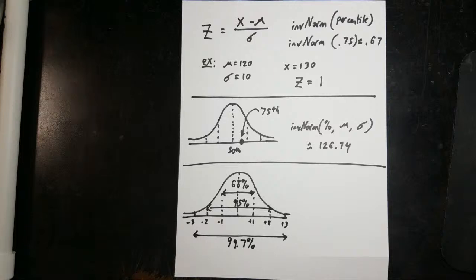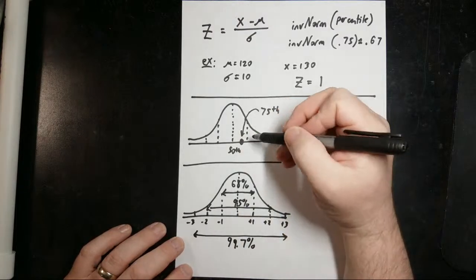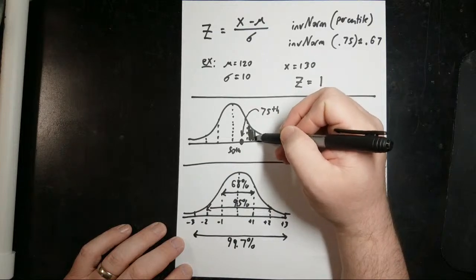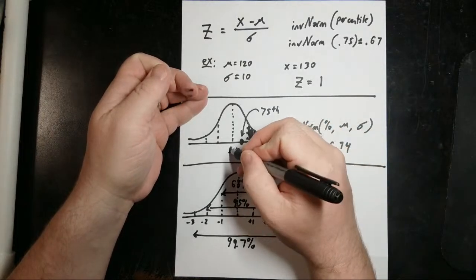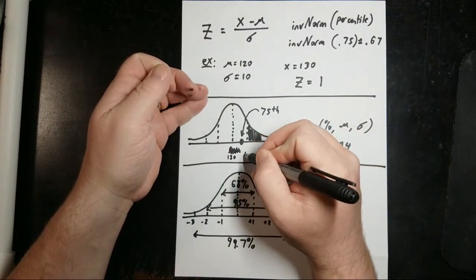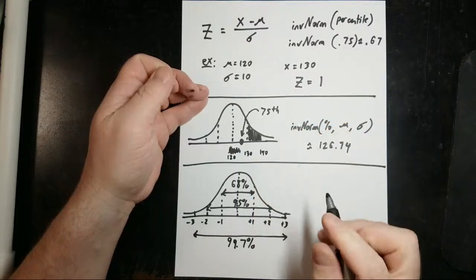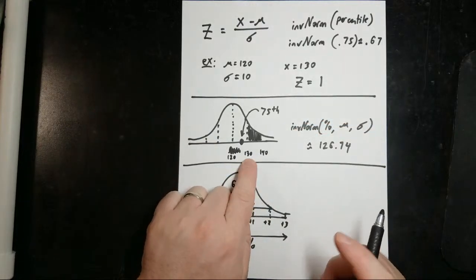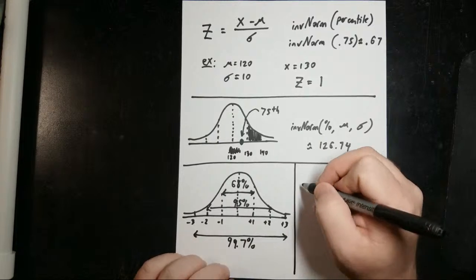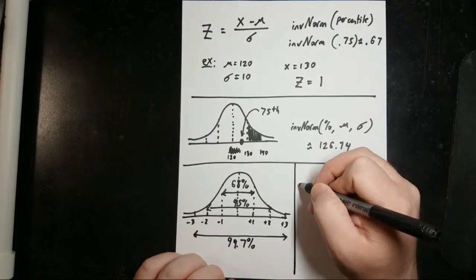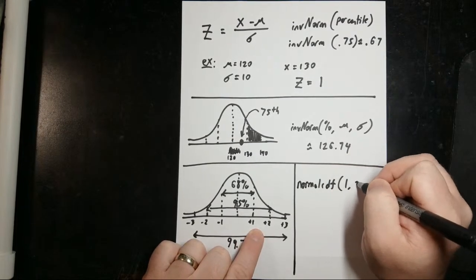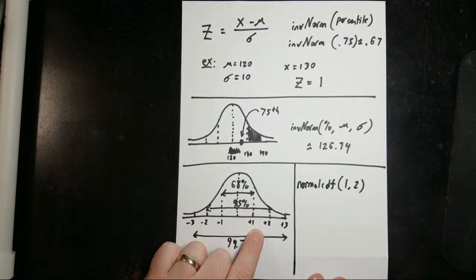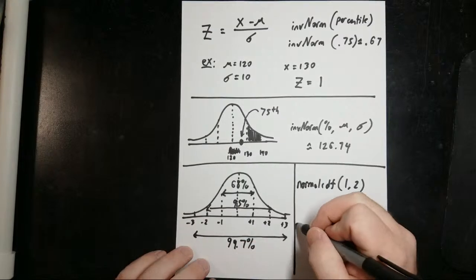But generally speaking, if you were between whatever standard deviations, -1 to +1, you would have that percentage of the data approximately. That allows you, for example, to find the percent of the data in this example, where I have 120, 130, and 140. If you wanted to find the percentage of the data between 130 and 140, you could do normal CDF 1 to 2, which would give you the Z-scores, which I'll show you on the calculator in a moment.